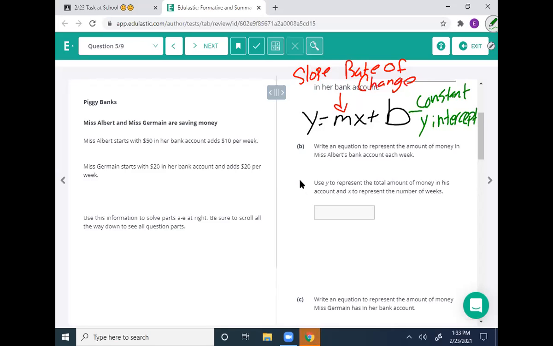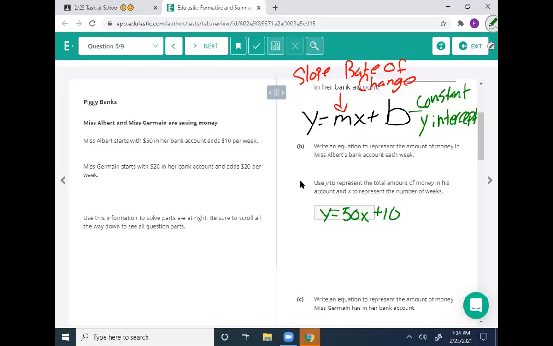Let's write an equation for Miss Albert. We start with y equals what? Olivia: 50? Yeah, plus 10.